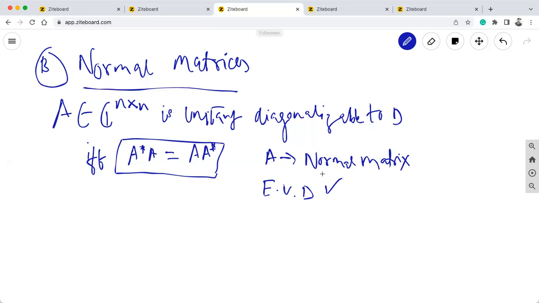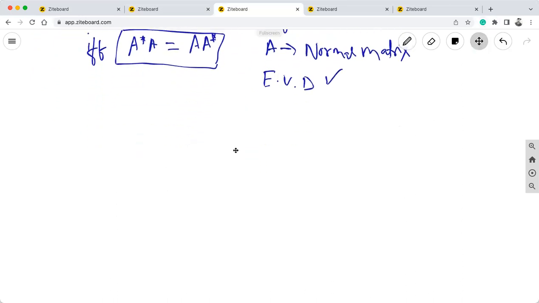Let us define some more matrices. The symmetric and the Hermitian matrices.